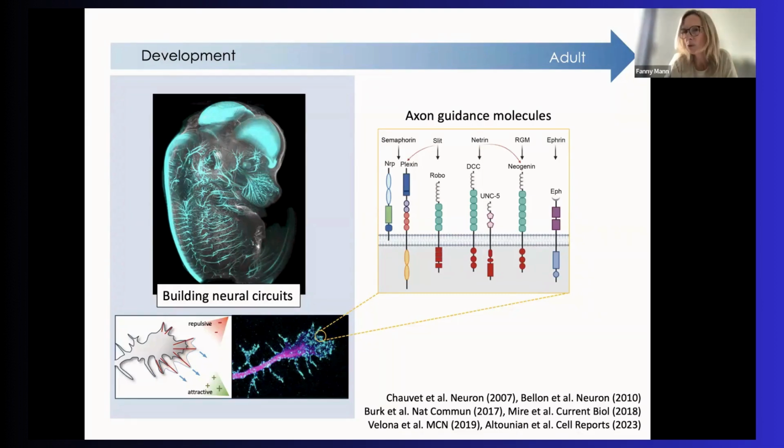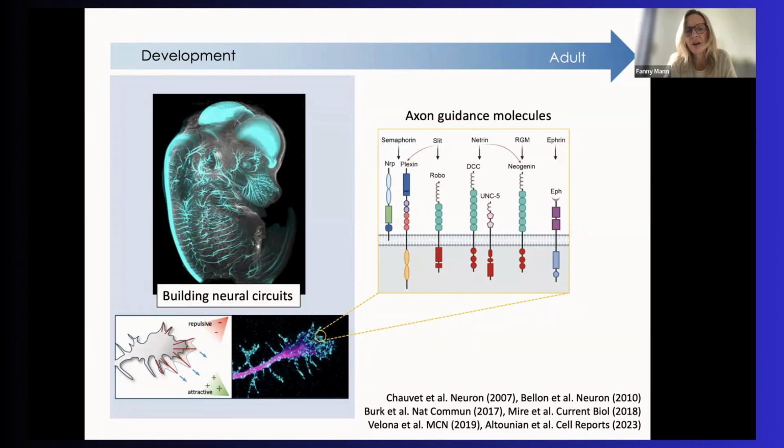And my group has contributed, with others, to identifying some of these axon guidance cues and how they control the precision of the establishment of these neuronal projections. So once these neuronal projections are established, they have to be maintained through adult life, and this is important for the proper functioning of the nervous system.